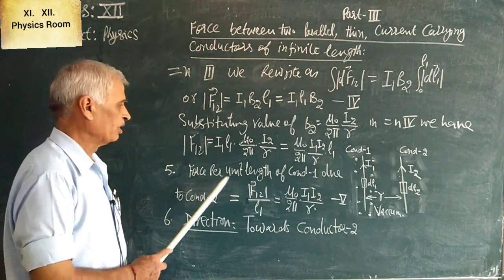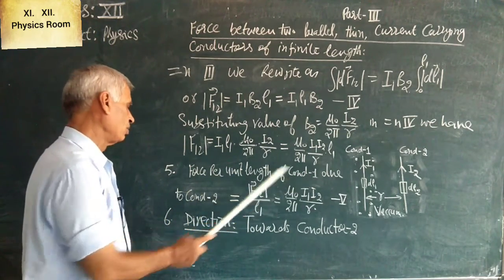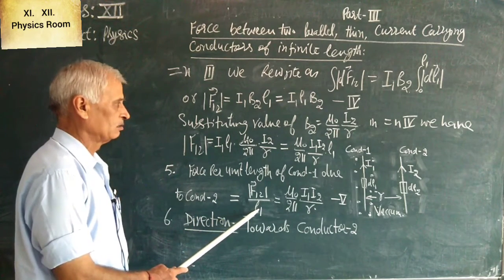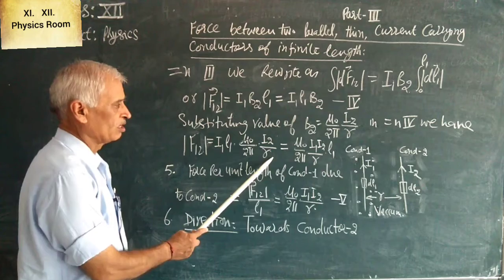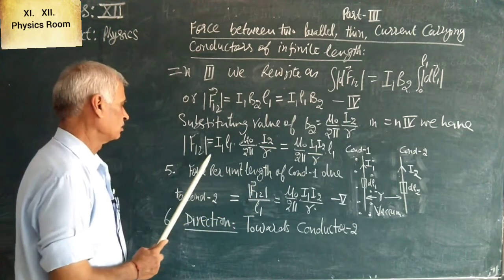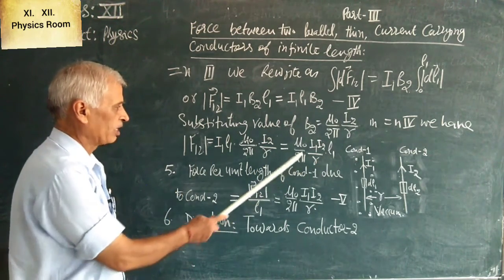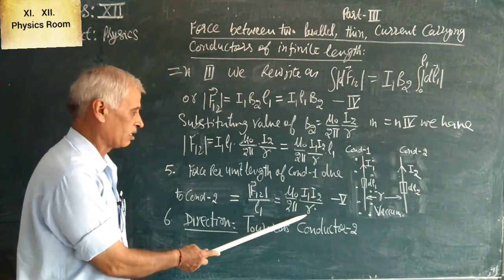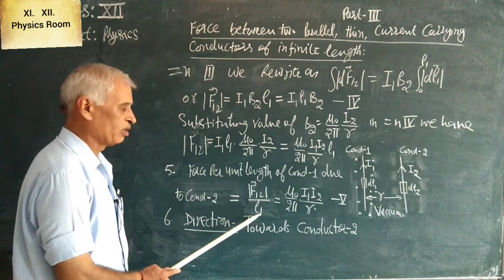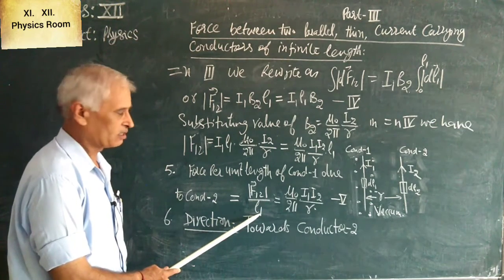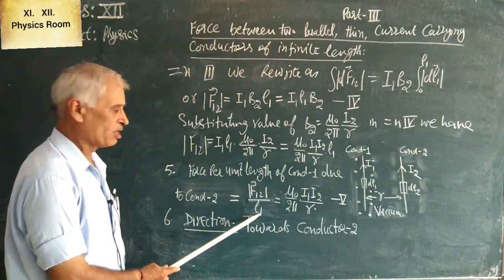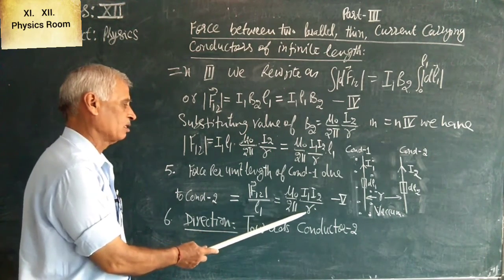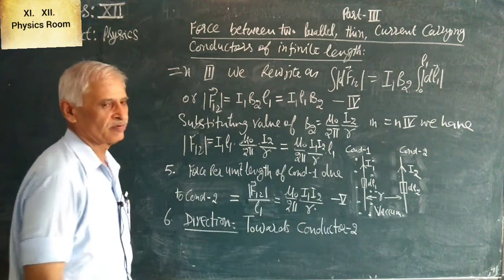The force per unit length of conductor 1 due to conductor 2 is equal to F12 divided by L1, and bringing L1 below we are left with mu 0 by 2 pi I1 I2 by R. So force per unit length of conductor 1 due to conductor 2 is equal to mu 0 over 2 pi I1 I2 by R. Mark it as equation 5.